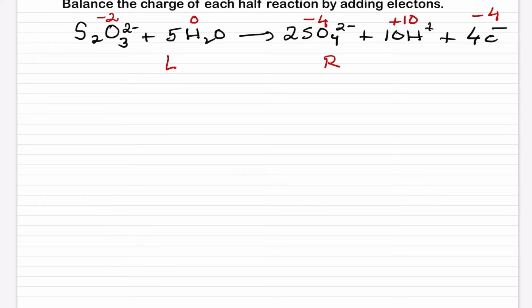We have an overall charge of -2 on the left side, and on the right side we have an overall charge of +2. -4 -4, that's -8, and +10, so +2. And on the left side we have -2. So we add 4 electrons to the right side, so we'll have 8 electrons, so the charge will become balanced. So let's write that down. I hope you're following me now.